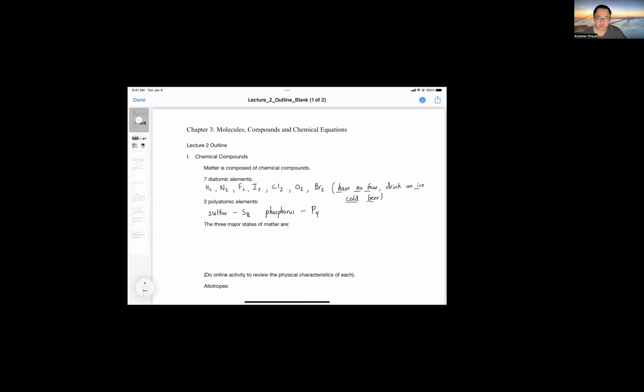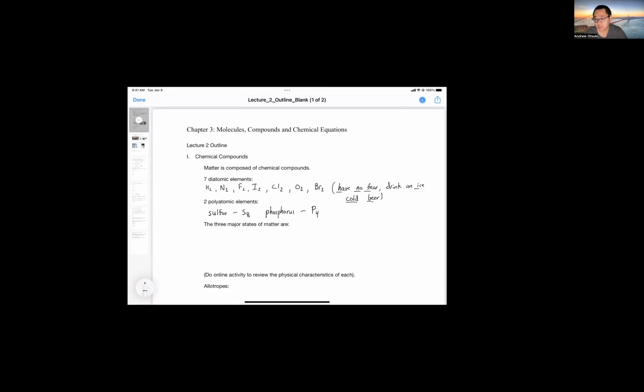Okay. So now that we know these chemical compounds, we know matter is composed of multiple of these chemical compounds, but they can exist in 3 different states of matter, which are the predominant forms of matter that we see in daily life or in the world today.